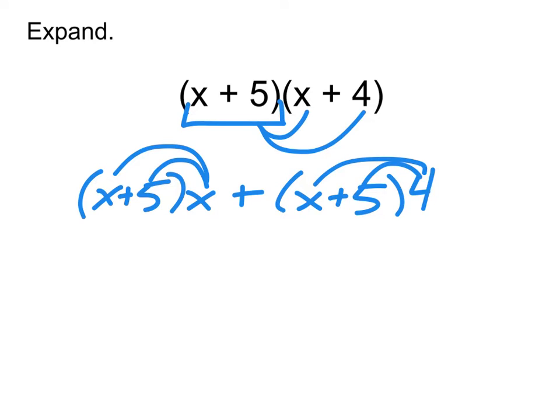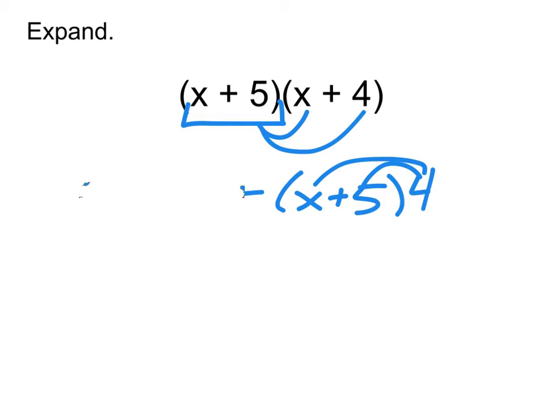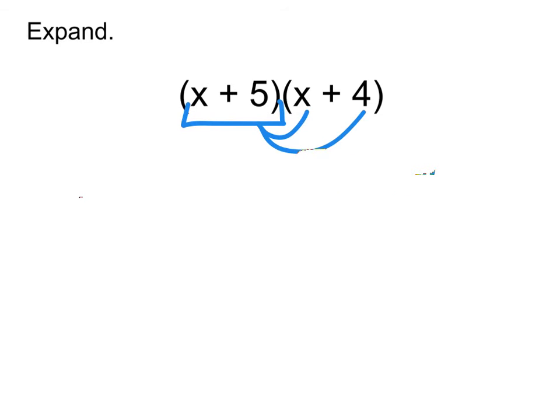Notice the upshot though, and this is the way we're going to simplify this process down, is basically I end up multiplying everything in the first parentheses by everything in the second parentheses. And the nice part is that by remembering it that way, you're going to see that it actually not only works when we multiply binomials like this, but it's actually going to work no matter how many terms are inside each parenthesis. So now we can actually look at doing that.